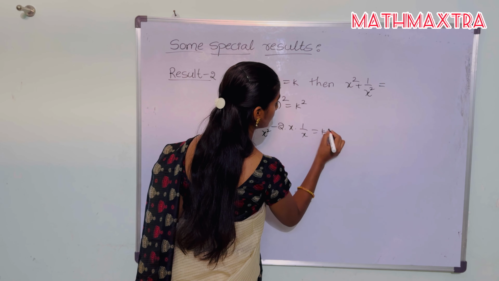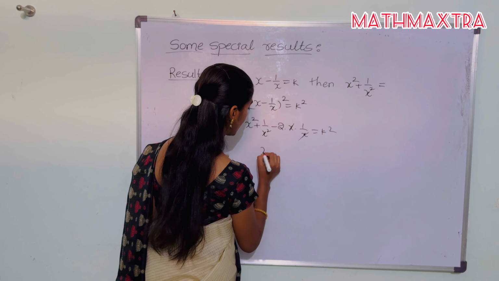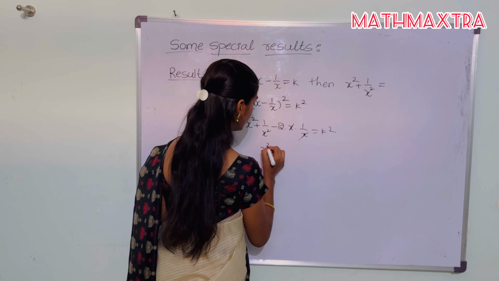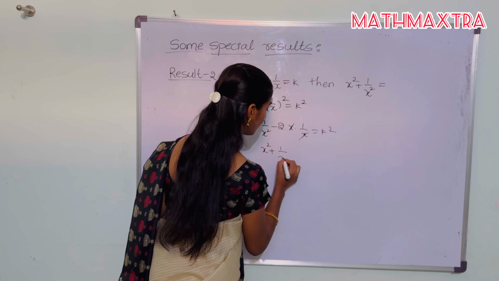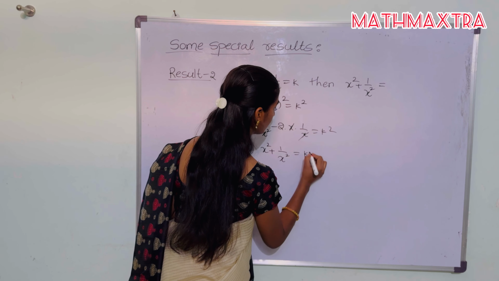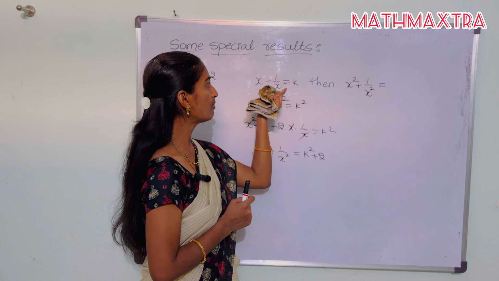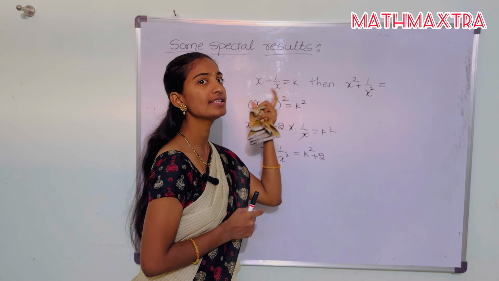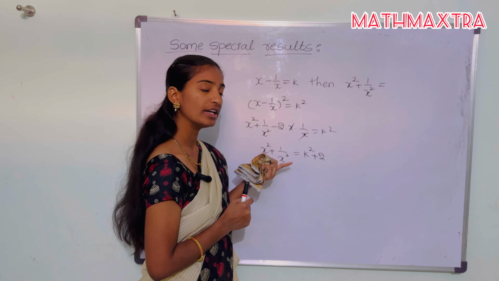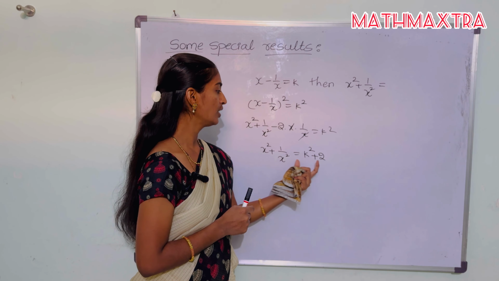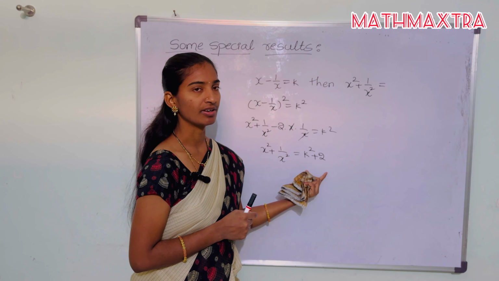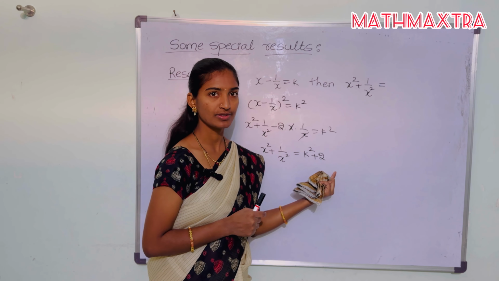So if you cancel this x and take this 2 to that side, which is nothing but x square plus 1 by x square is equal to k square plus 2.